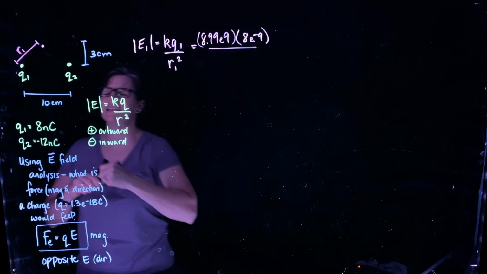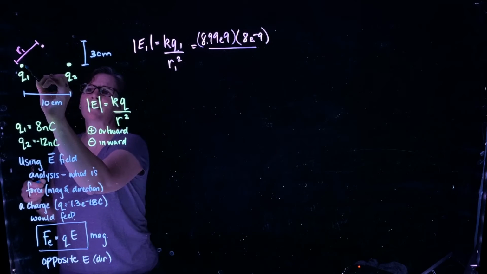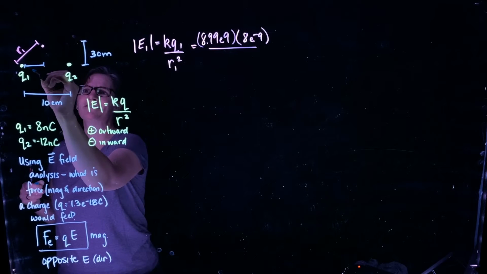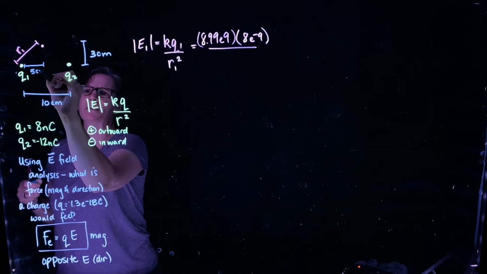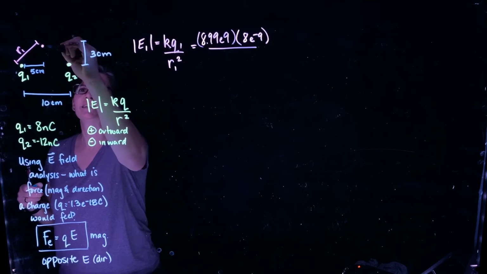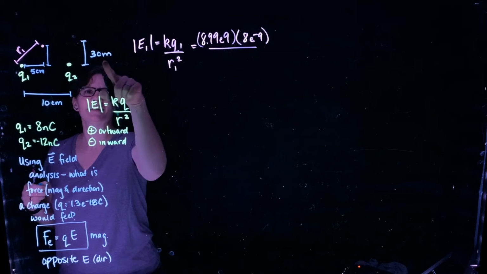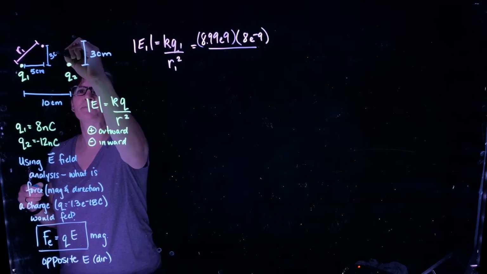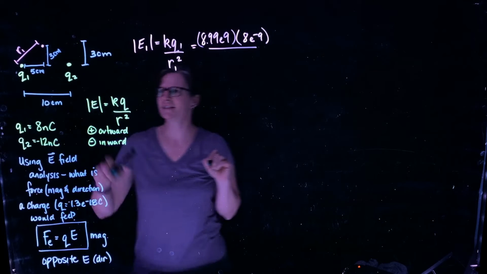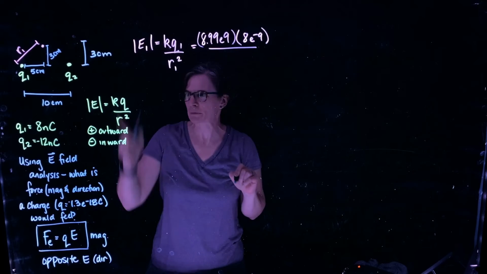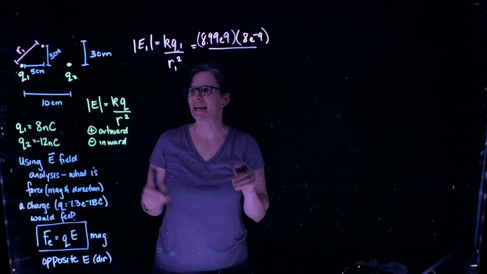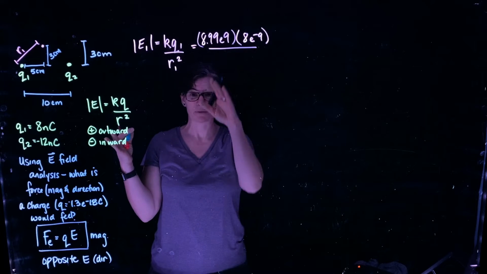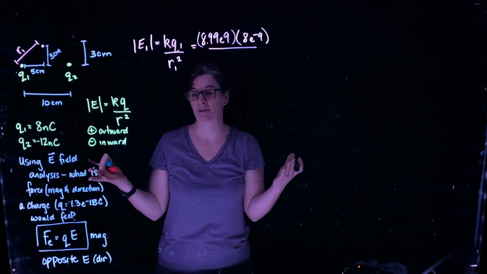Well, I can recognize that I have a right triangle whose bottom length is half, so 5 centimeters, and whose height is 3 centimeters. That pink dot is right in the middle of those two charges, 5 centimeters by 3 centimeters, and I can use the Pythagorean theorem.